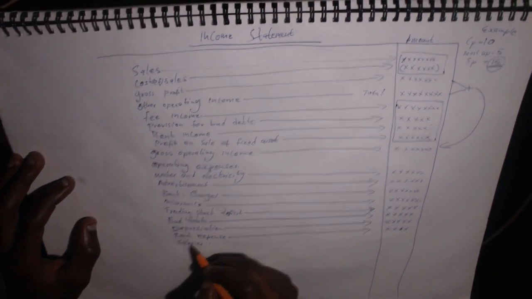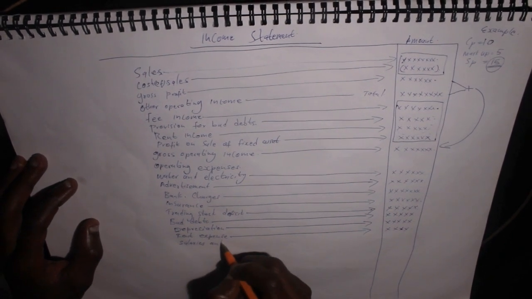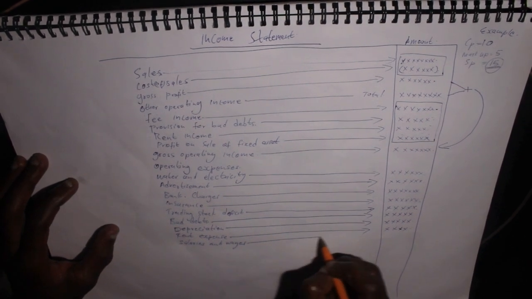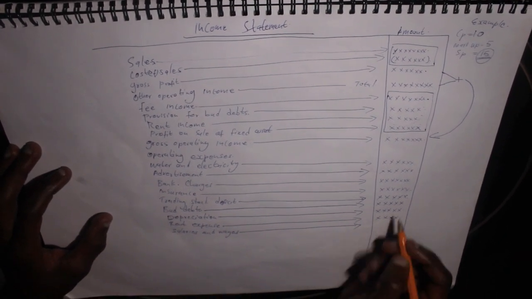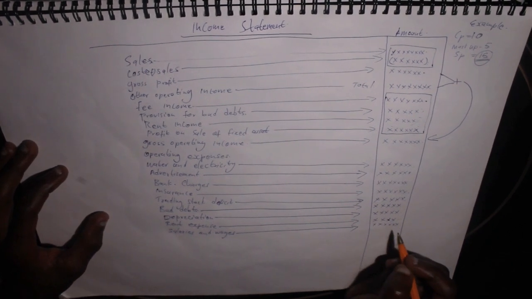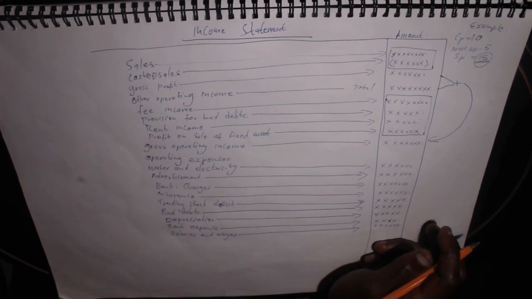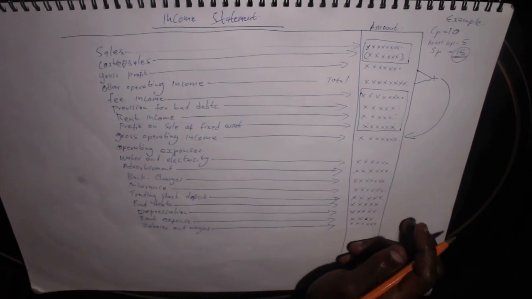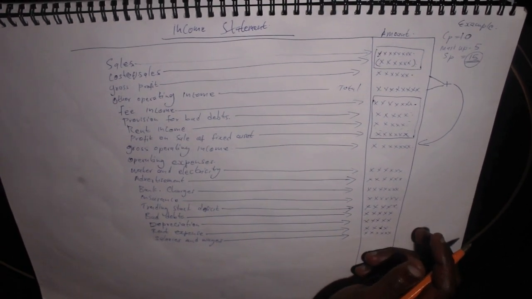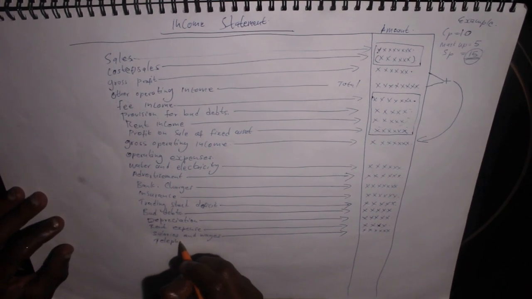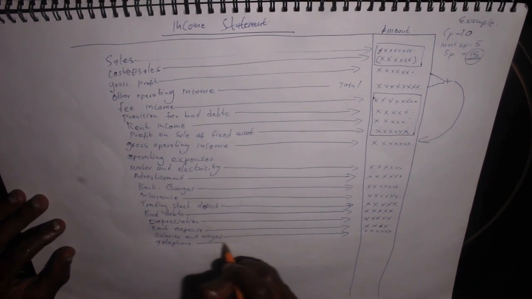So we have salaries and wages. Of course, we employ people to come assist us make our business a success. We must pay them. They form part of our expenses. And we have more, like vehicle expense, telephone expenses.